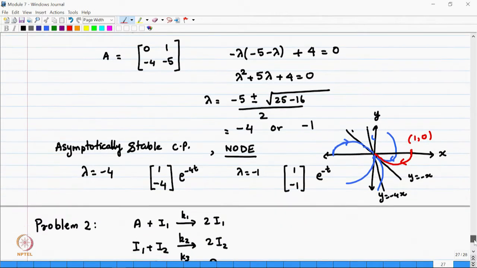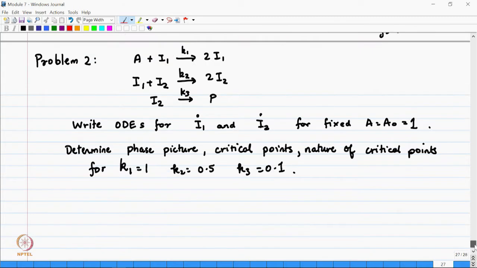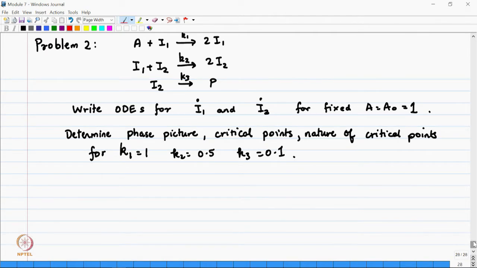Okay. Now, the next problem is a chemical reaction. So, in this chemical reaction, I am writing the overall scheme. So, the overall reaction is A going to P, some reactant going to a product, and there are various steps in this reaction.